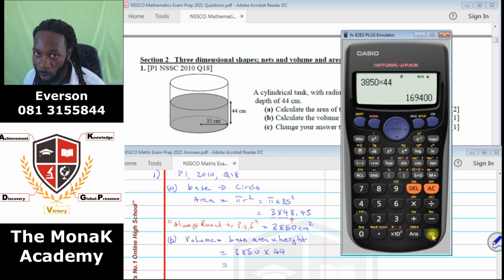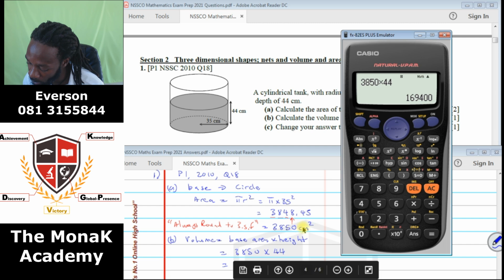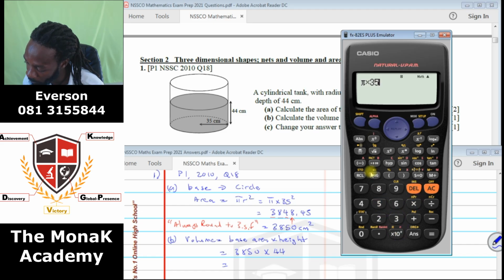Okay, or you can first calculate without rounding off. We can't use the rounded off answer, so we can just say, okay, our pi times 35 squared, then that answer times the height, which is 44. So it's 169,331.84.